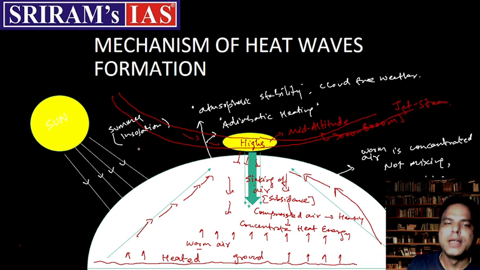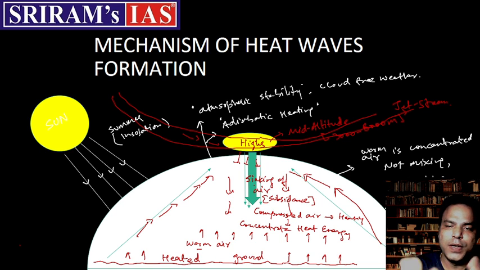So the sunlight is coming directly on the ground without being reflected by cloud, because cloud is not there. So the heat starts concentrating in one particular area, and because the heat is concentrated, not mixing with the surroundings, not rising, not cooling, a heat dome gets developed, and this situation can persist for a few days to a few weeks.